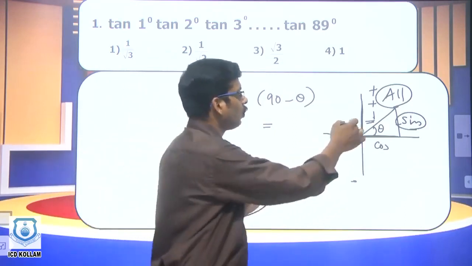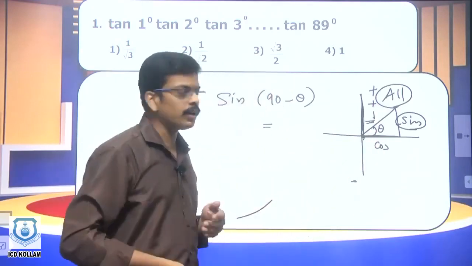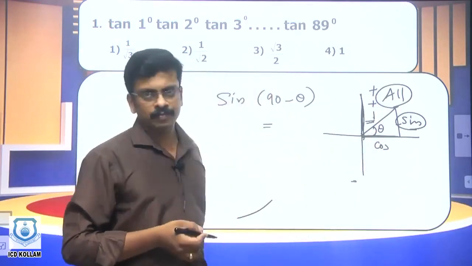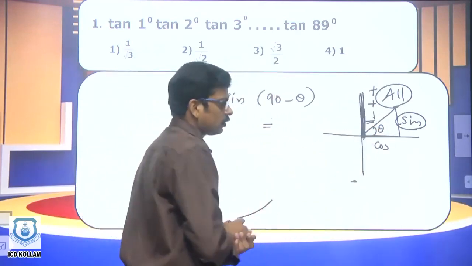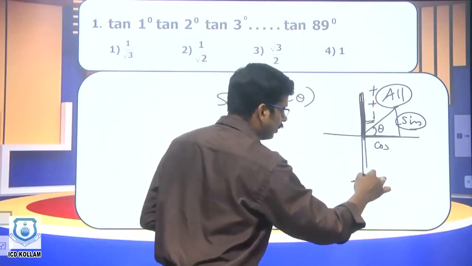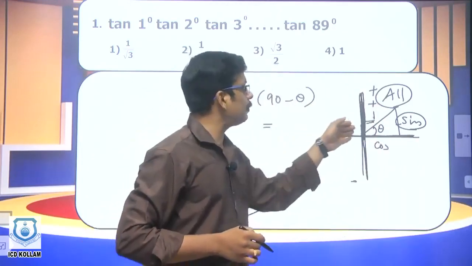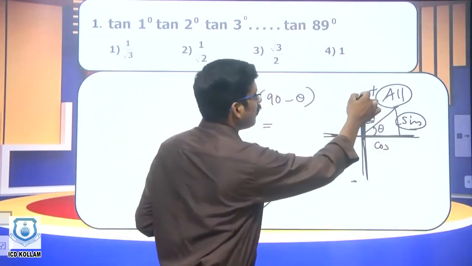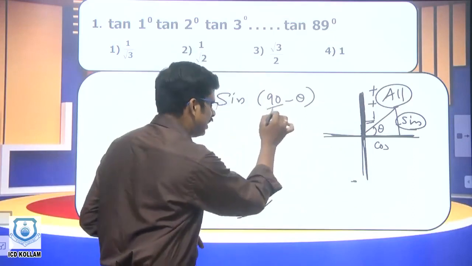Now I am discussing only the first quadrant. So in the first quadrant all values are positive, but with respect to the active axis, this is the standing line and this is the sleeping line, and the value according to the standing line will change.